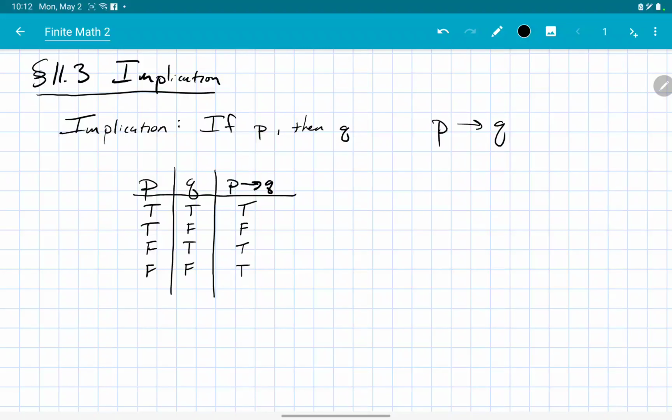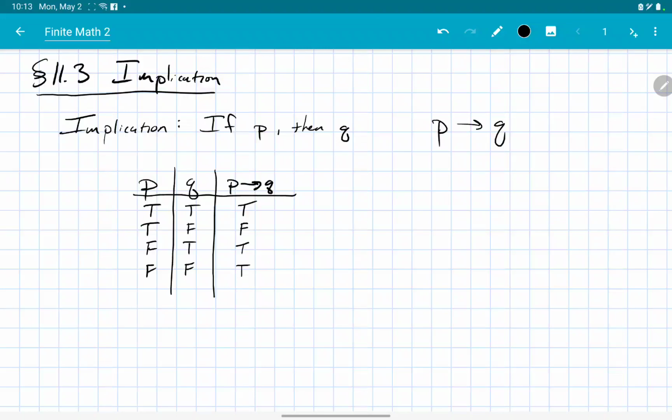So here is a logical statement to convince you of this. If a number is divisible by 4, then it is even. This is a true mathematical statement, right? If a number is divisible by 4, then it is even. But are there even numbers that are not divisible by 4?